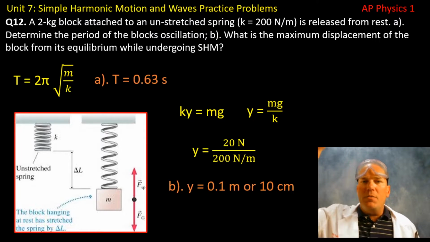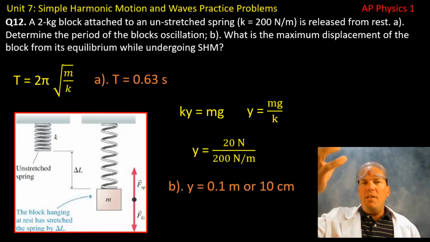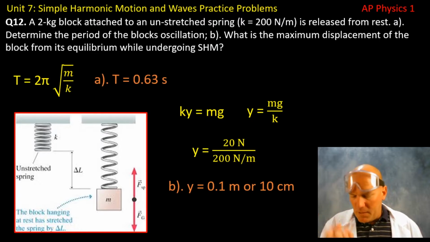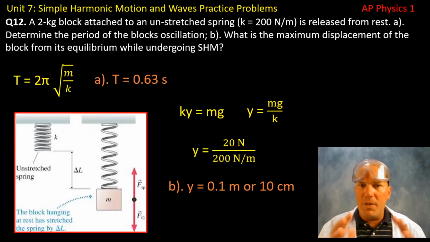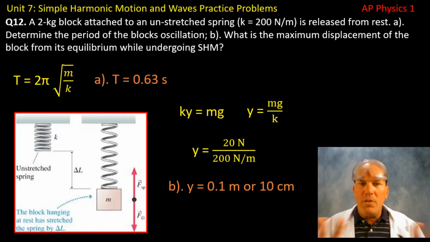In this question, it's released from the top. In the previous question 11, it was brought to equilibrium and then stretched an additional 2 centimeters down. So take a look at 11 and 12 again. Make sure you understand the difference between the two.